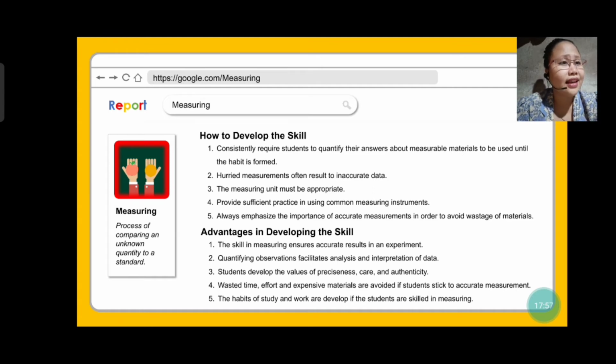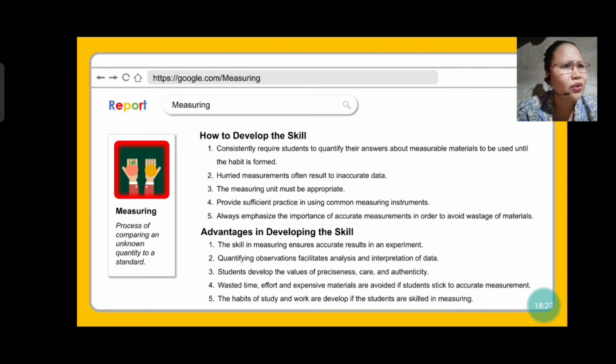And then fourth is a wasted time, effort, and expensive materials are avoided if students stick to accurate measurements. Yes. So, if the students know how to measure things, how to calculate, how to measure things nga ilahang needed lang. So, dili na ta maka-waste sa time sa measure again. And then, di po tayo maka-waste sa atong effort and expensive materials, diba?